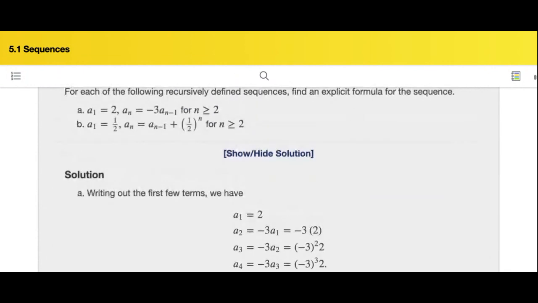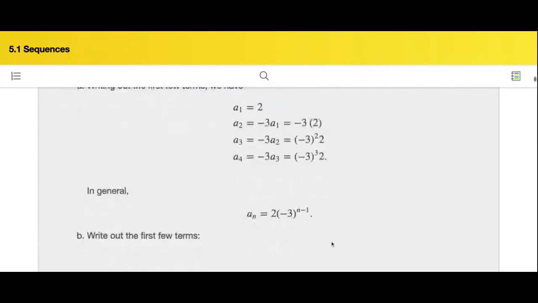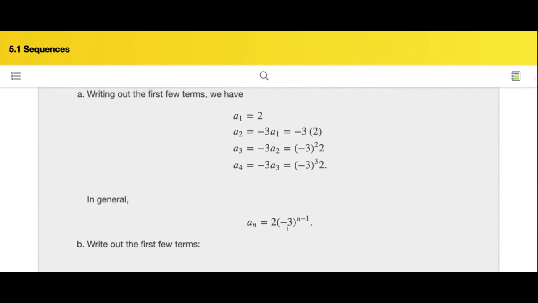So A1 equals 2, A2 equals -3 times A1, which is -3 times 2. Then it keeps going, A3 equals -3 times -3 times 2. The fourth term equals -3 raised by 3 times 2. So in general, a_n equals 2 times (-3) raised by n minus 1.